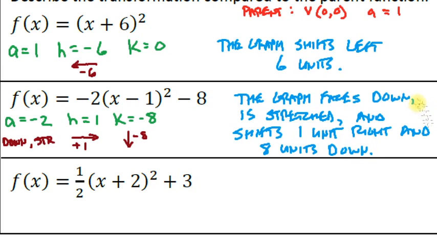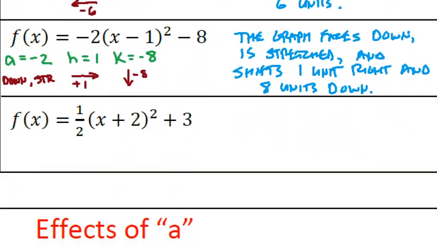Lots of description there to describe what happened to our graph, all because we know what a, h, and k do. Last one.